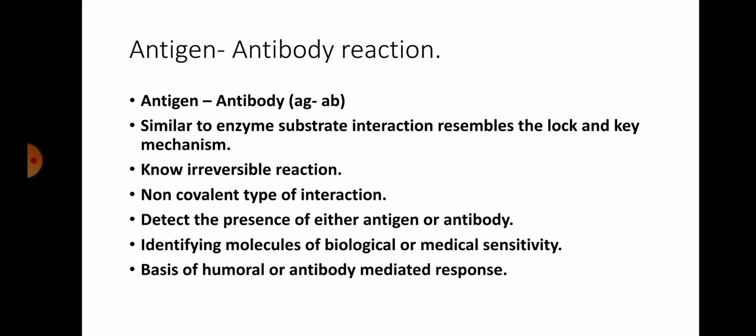This reaction, the formation of the immune complex, is an irreversible reaction, which cannot be reversed, and has non-covalent interactions. So for the binding of the antigen and antibody to each other, they have non-covalent interactions. Many bonds interact for the formation of this antigen-antibody complex, that is, the immune complex.